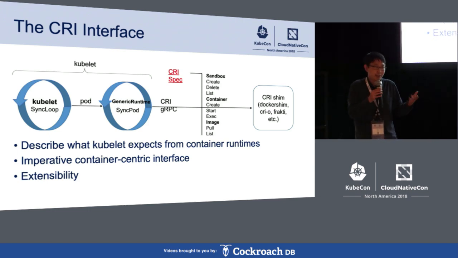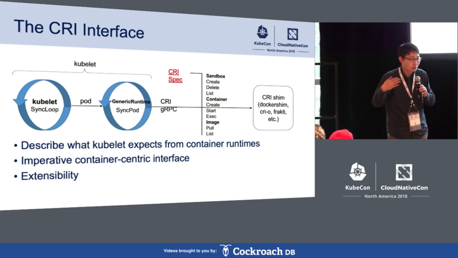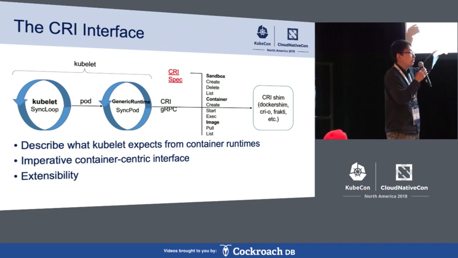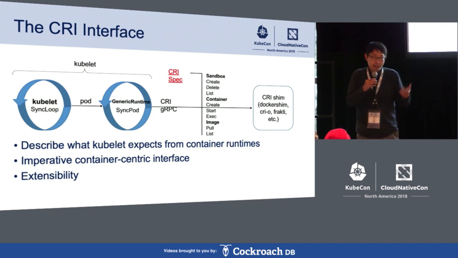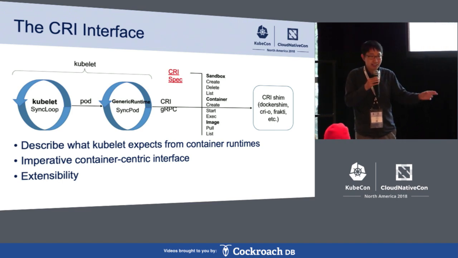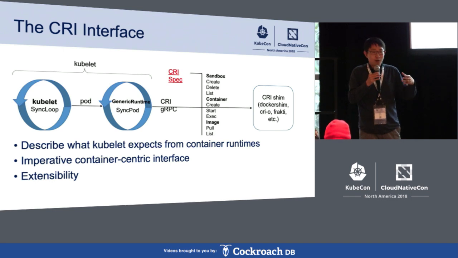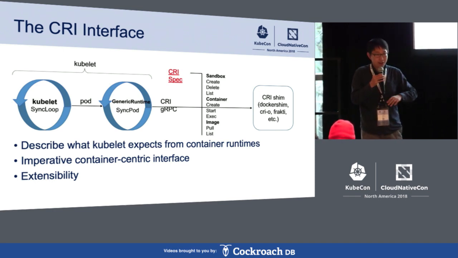Docker has no concept of pod. So we cannot say, hey Docker, just create a pod for me. It's impossible. That's why in CRI, we introduce another concept named sandbox. That means whenever Kubernetes creates a pod, it will call CRI to create a sandbox. But how the CRI shim or the implementation creates this sandbox, it all depends on you. You can even just ignore this API.